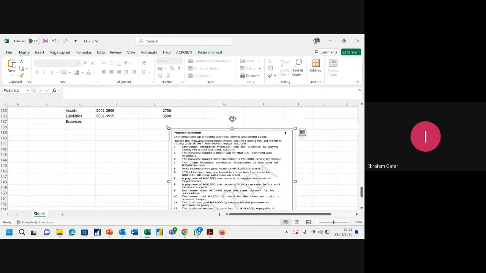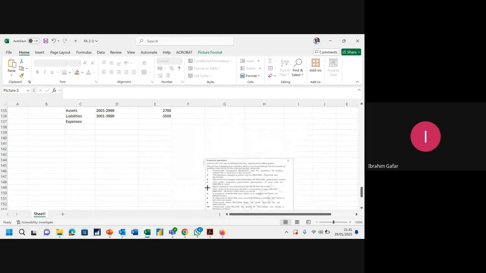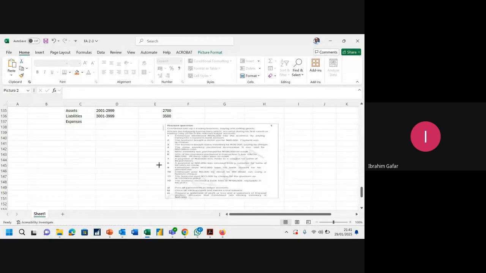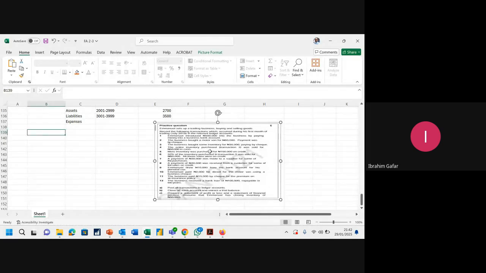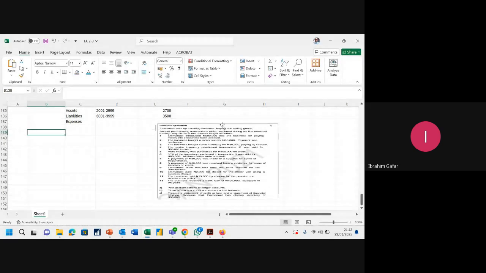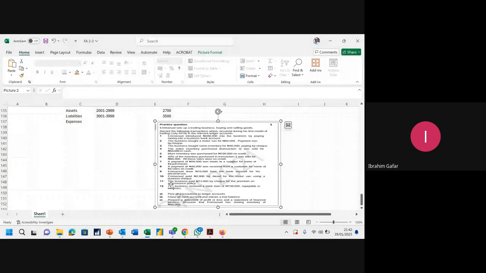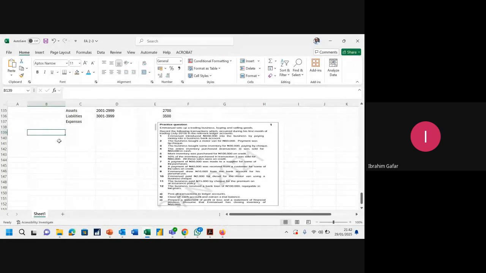I don't even know how to reduce this thing further. You sure can see it. All right, so they say we are preparing for A, posting transactions in the ledger. This will take time. One, two, three.